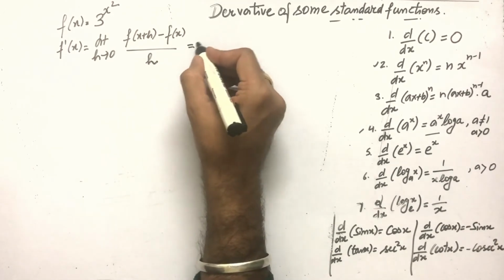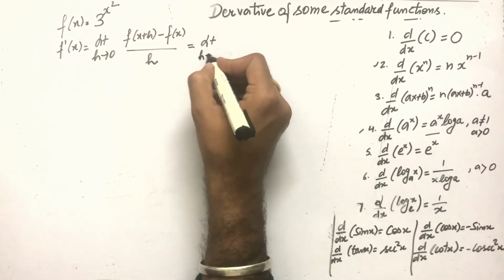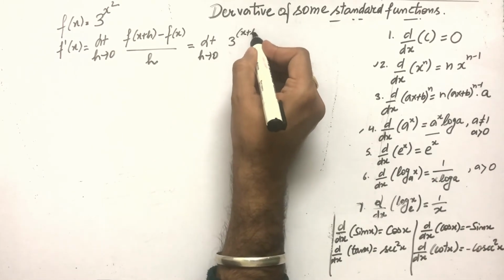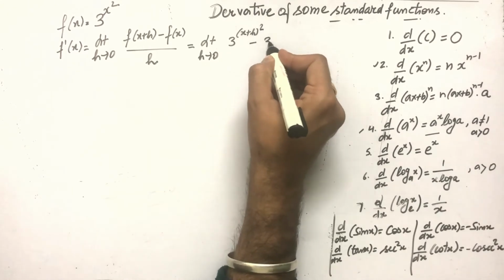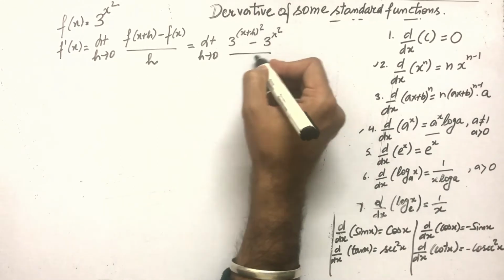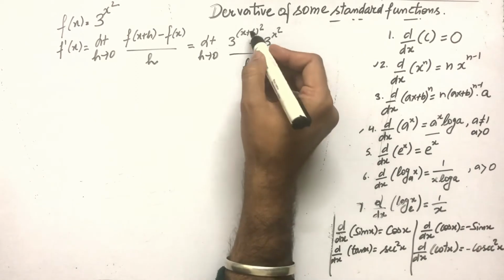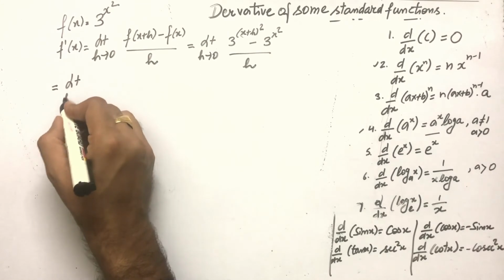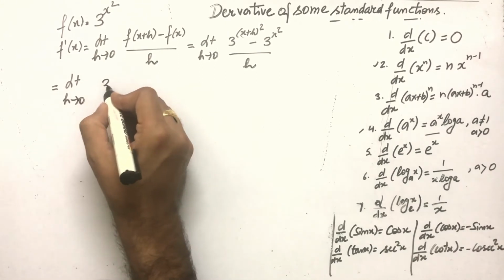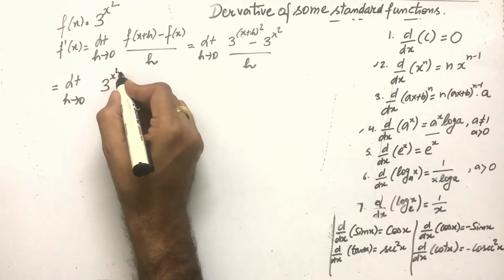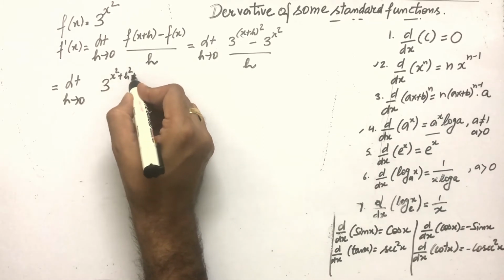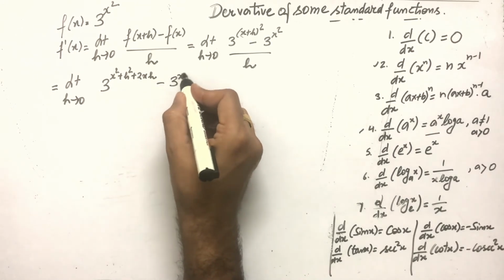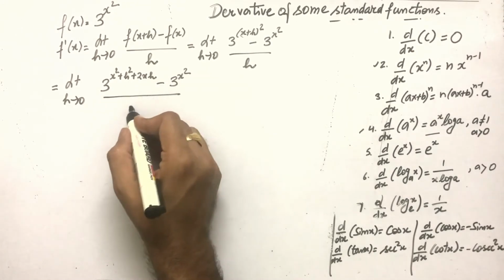So putting values, it becomes limit h tends to 0, 3 power (x plus h) square minus 3 power x square upon h. Next, we will open this square. It becomes limit h tends to 0, 3 power (x square plus h square plus 2xh) minus 3 power x square upon h.